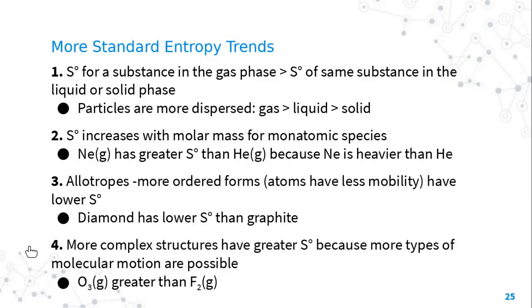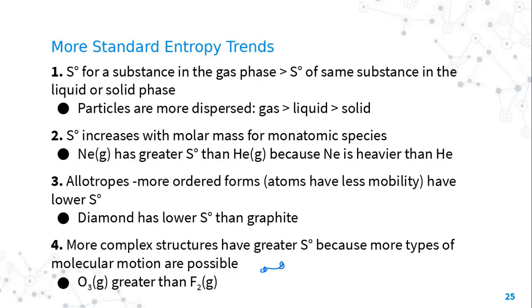And then finally, number four, more complex structures have a greater standard entropy, because more types of molecular motion are possible. An example of that would be ozone, O3, having a greater standard entropy than diatomic fluorine. If you think about just having two dots connected, those really can only move in certain ways.